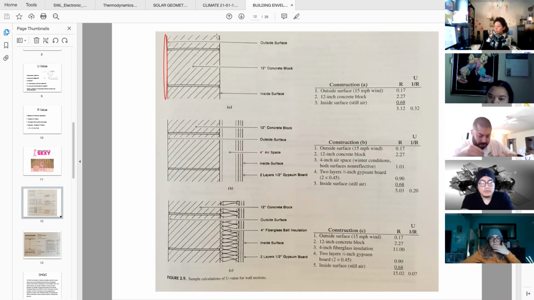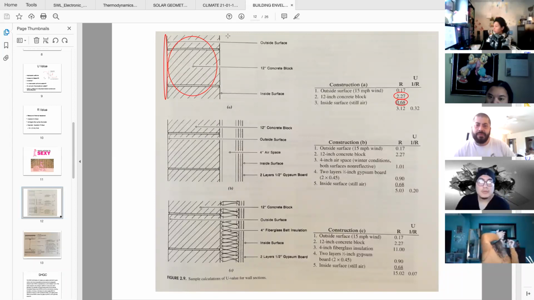Then you have the R value for just the solid thickness of the concrete, and that's this value right here. Then the inside surface of the air, which does not have wind moving across it, has a slightly larger R factor than the outside, which has that wind factor.